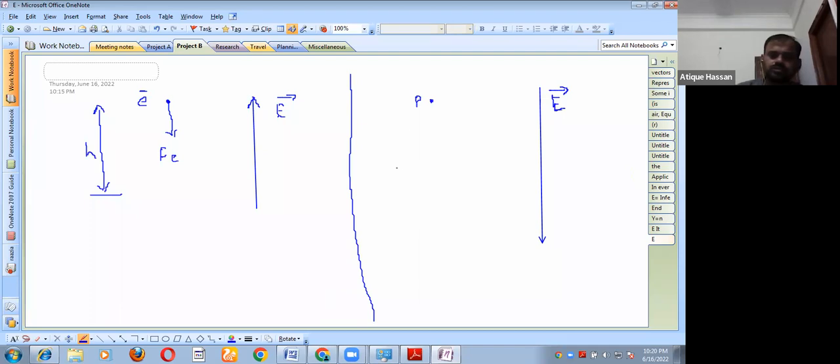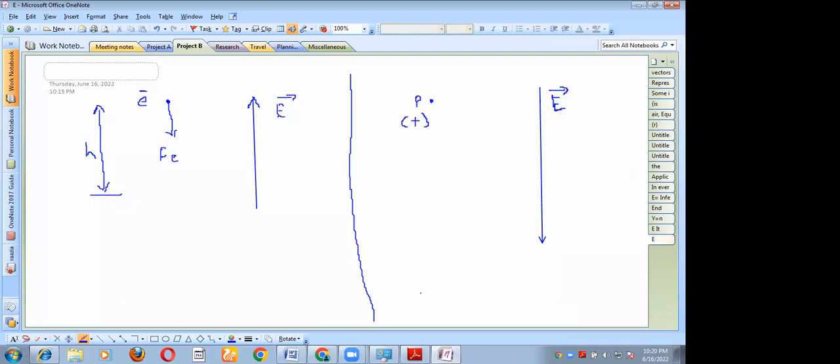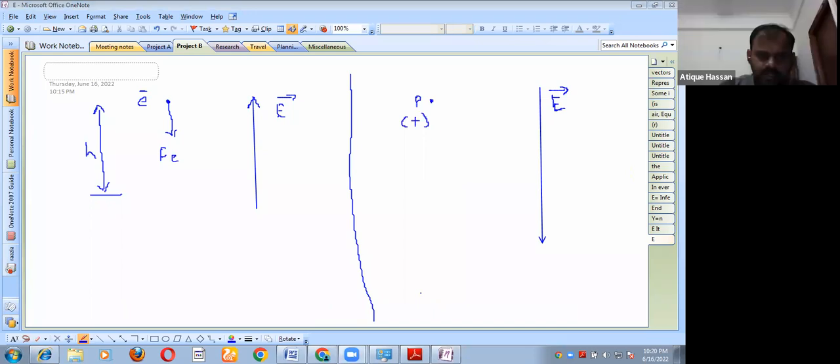The charge on the proton is positive, so it will be the same as the direction of the electric field. Correct. Downwards. So the direction of force on the proton will be the same as the direction of the field. So both electron and proton will fall down.